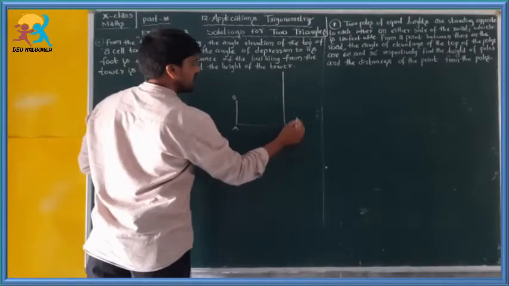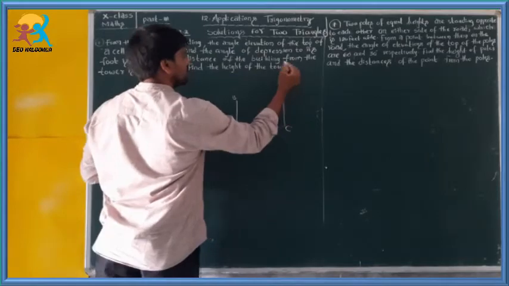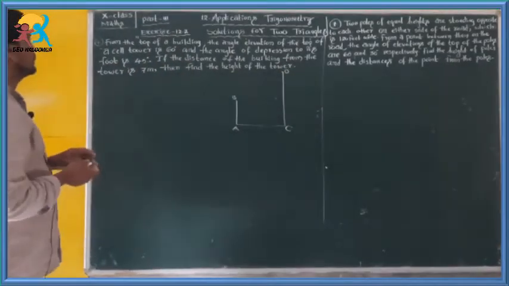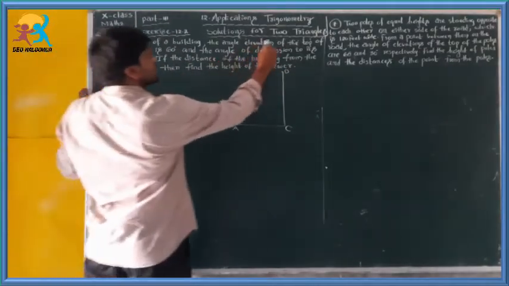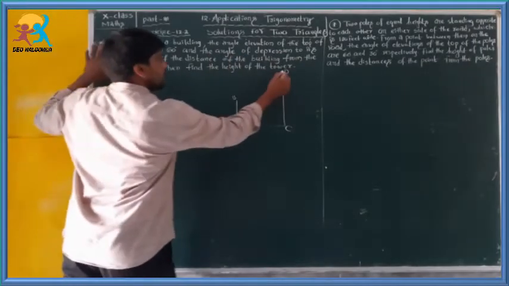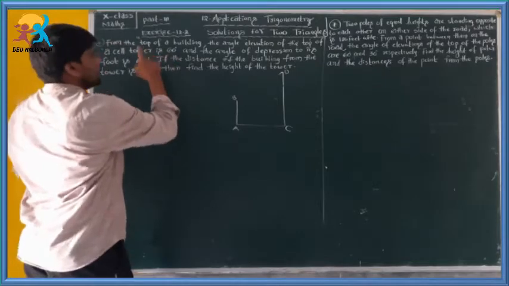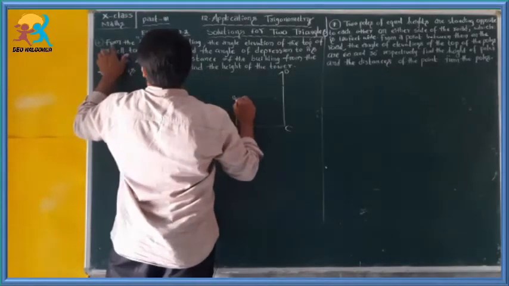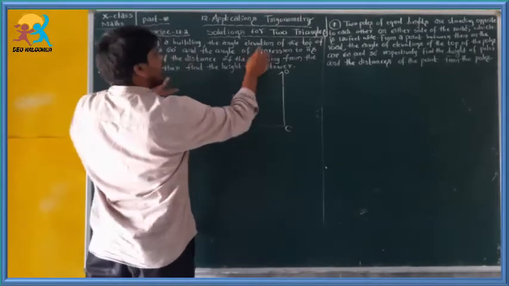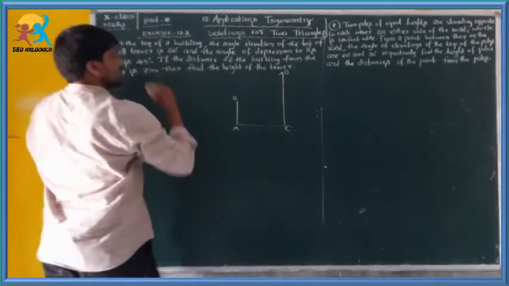So consider CD as the cell tower. The angle of elevation of the top of a cell tower is 60 from the top of the building.